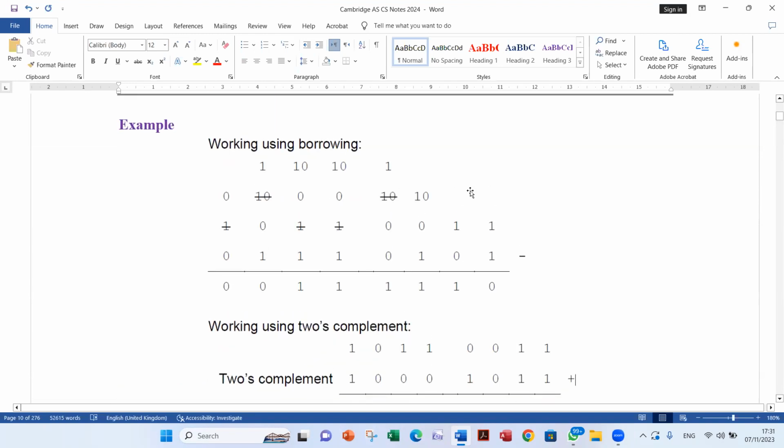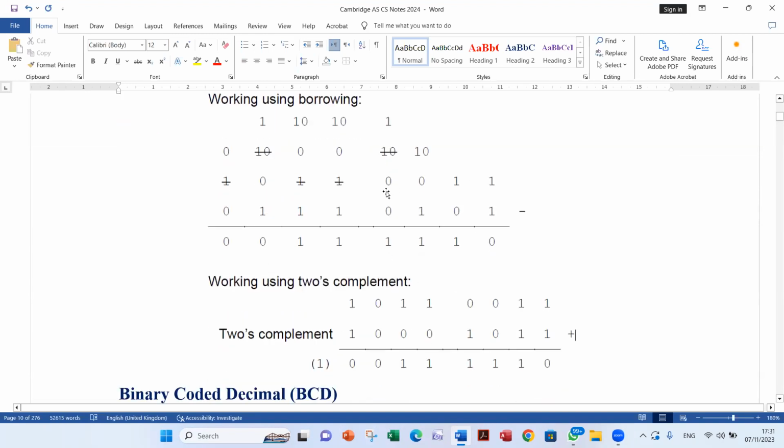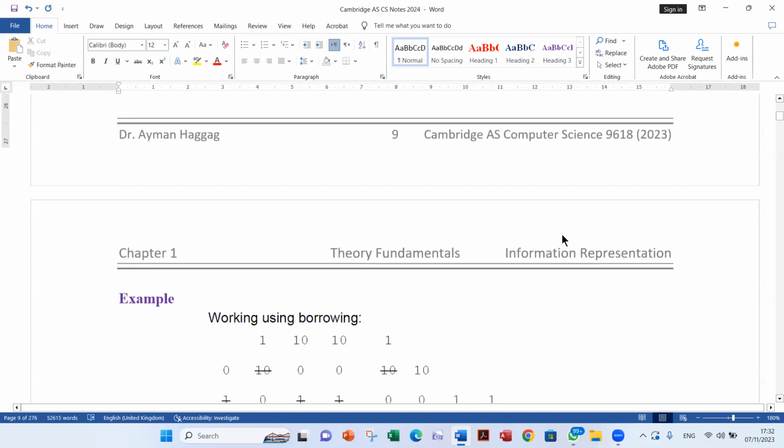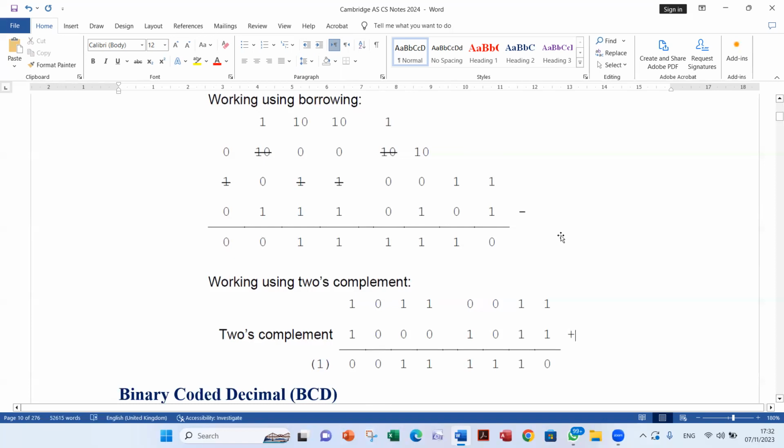Maybe this is another question. You need to subtract two numbers: 1 0 1 1 0 1 1 1 minus 0 1 1 1 0 1 0 1. Okay, this is another question. Let us go through it. You may need to subtract these two numbers.